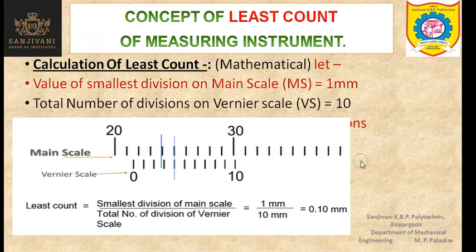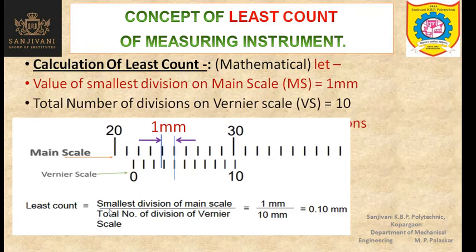And let us see that the distance between two adjacent main scale divisions is nothing but 1 millimeter. So 1 millimeter is the least count of the main scale, not the vernier caliper but the main scale. This distance between these two markings is nothing but 1 millimeter.